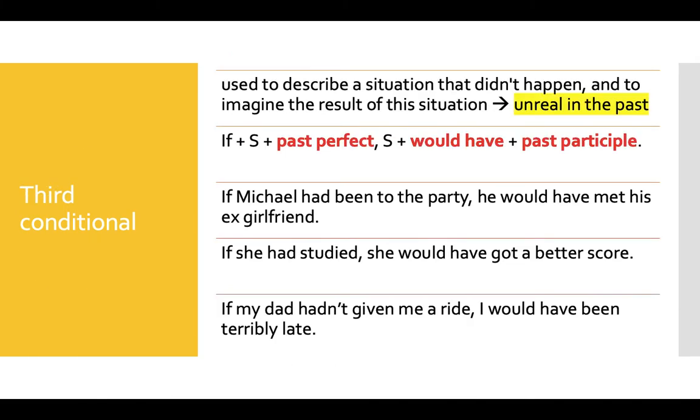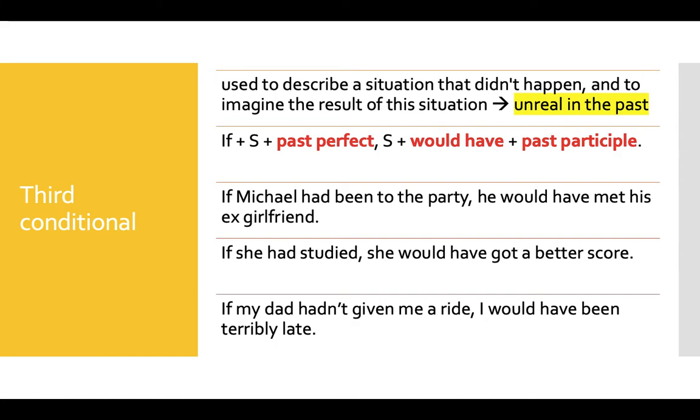Now I am going to introduce the third conditional. We will talk about the third conditional in another unit a bit more, but now you should know the basics first. We use the third conditional to describe a situation that didn't happen, and we use it to imagine the result of this situation.